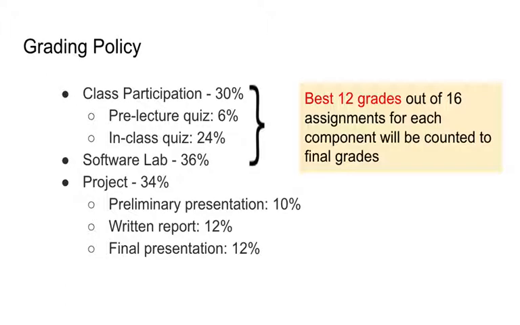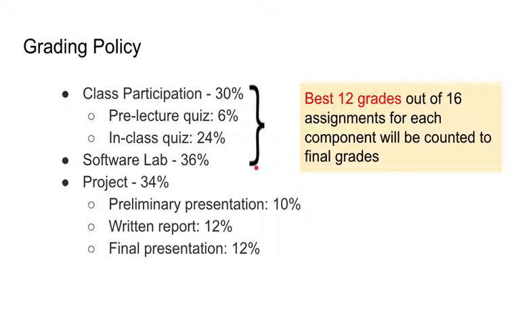The grading is composed of 3 parts. Class participation is 30%, software lab is 36%, project is 34%. Class participation, including the pre-lecture quiz, is 6%, and the in-class quiz is 24%. For class participation and software lab, in total, there will be 16 assignments for each.